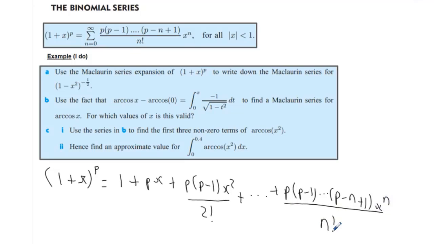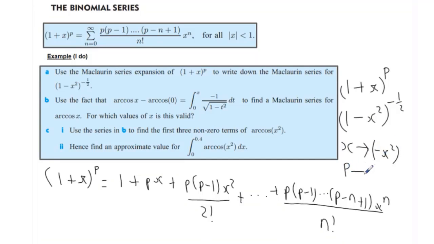So if you just compare (1 plus x) to the p with (1 minus x squared) to the minus a half, basically the x is going to become minus x squared in a bracket, and p is going to become minus a half.